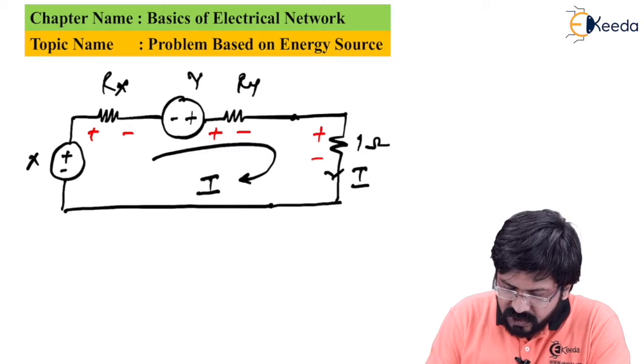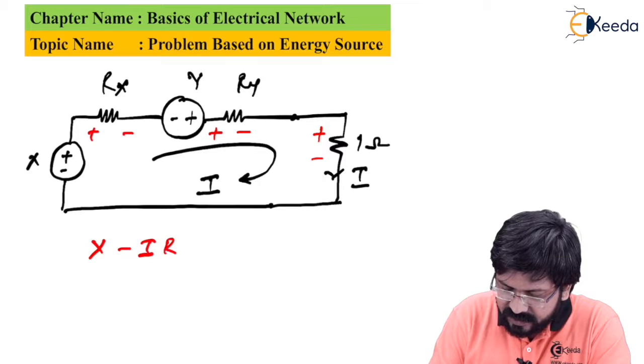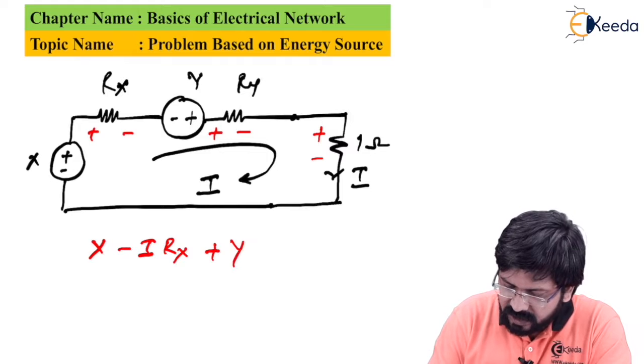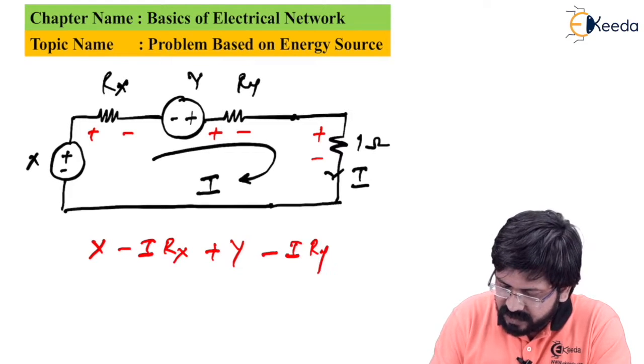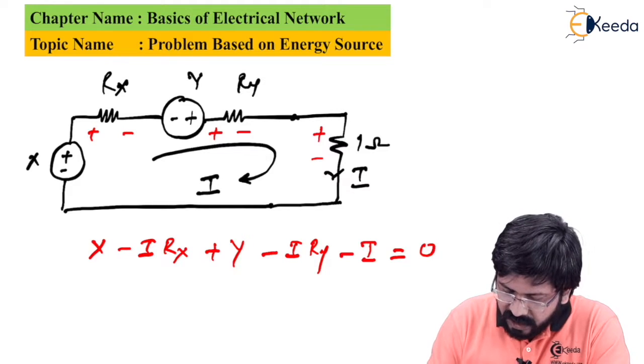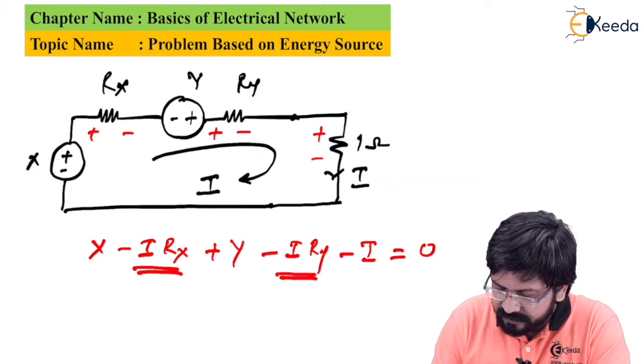Negative to positive, I should consider X. Positive to negative, I should consider minus I times Rx. Negative to positive, I'll consider Y. Positive to negative, I should consider minus I times Ry, minus I times 1, which I can consider as I, and the whole equals 0. So now I'll take all the terms with I to the right hand side.